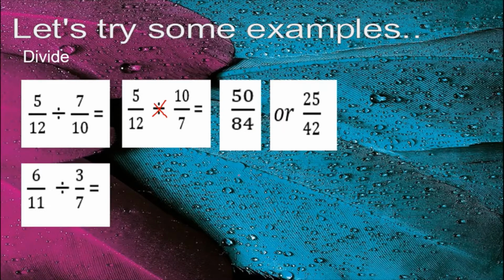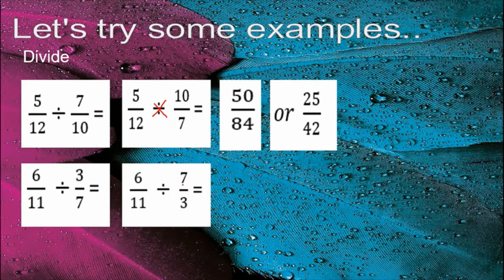Okay. Now, how about this one? 6 over 11 divided by 3 over 7. Okay, always remember that we put this second fraction into reciprocal. So what's the reciprocal of 3 over 7? Very good. The answer is 7 over 3. We just switch the numerator and the denominator.